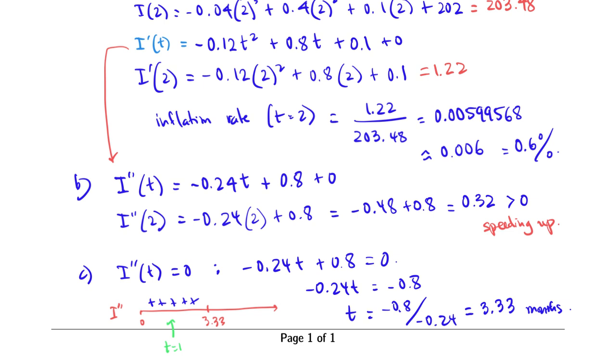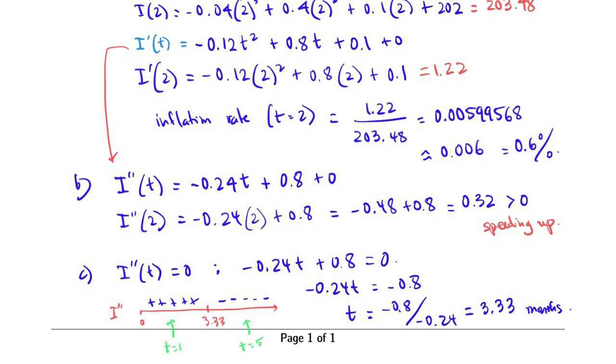And then if we plug a number after 3.33, such as when t equals 5, any number in this interval, we see that -0.24 times 5 is more than 0.8 in magnitude but negative, and so the second derivative will be negative after t equals 3.33.